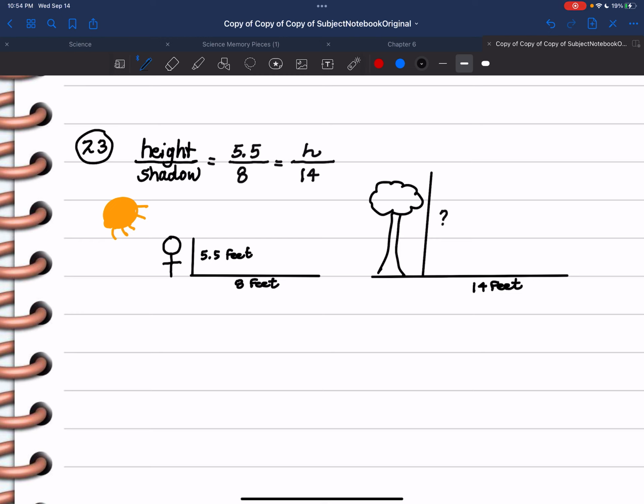It's just a proportion. So we're going to say 5.5 times 14 is 77. And 77 divided by 8 is 9.625. That is to the thousandths place.